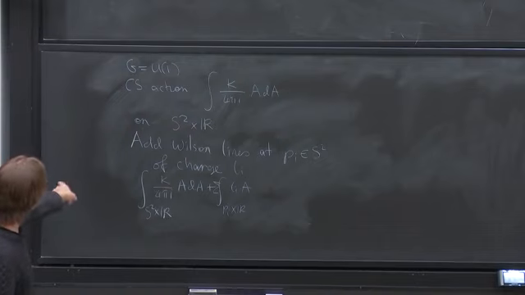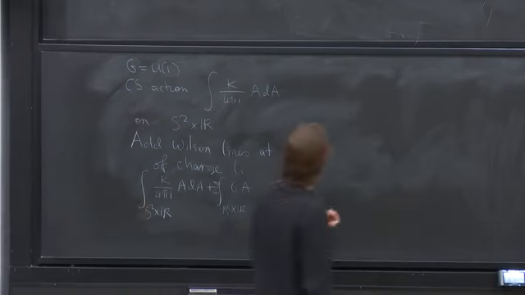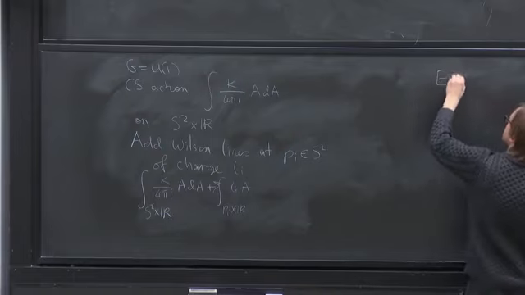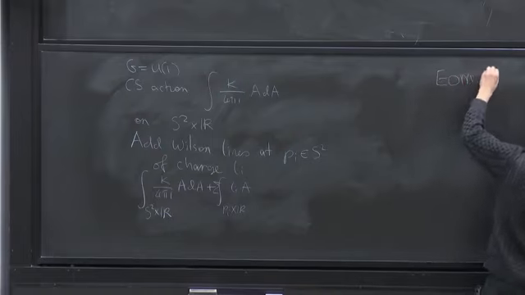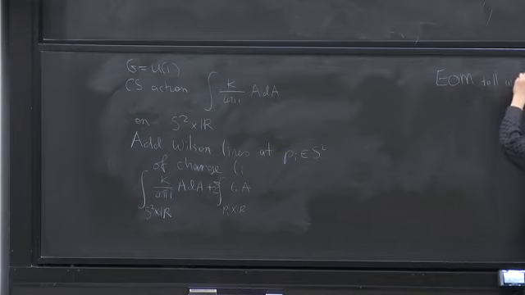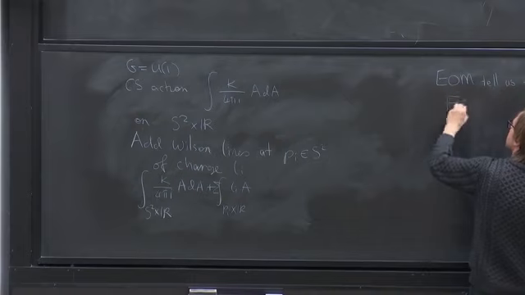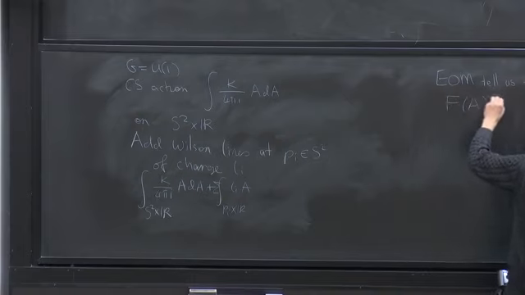Okay, so we saw that if we solve the equations of motion, they tell us that F of A is equal to the sum of Li over K, 2 pi, Lj i delta function at Pi.